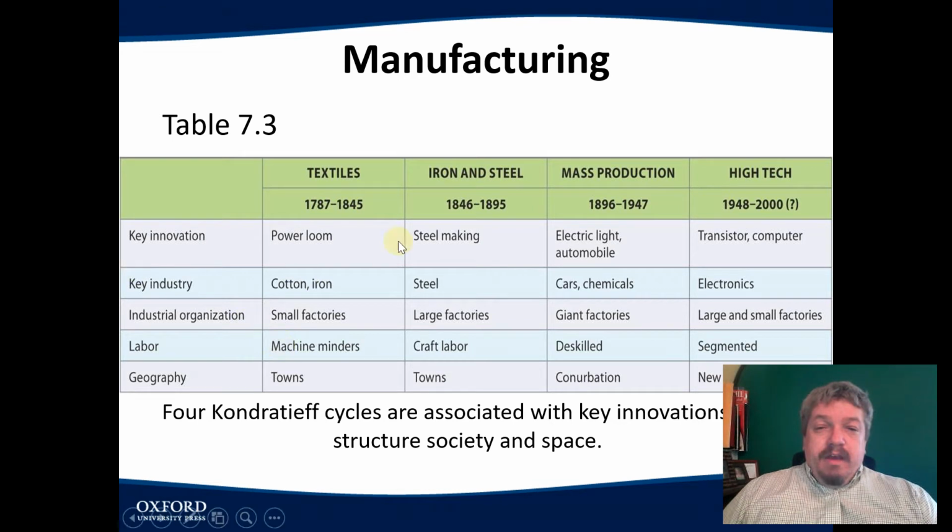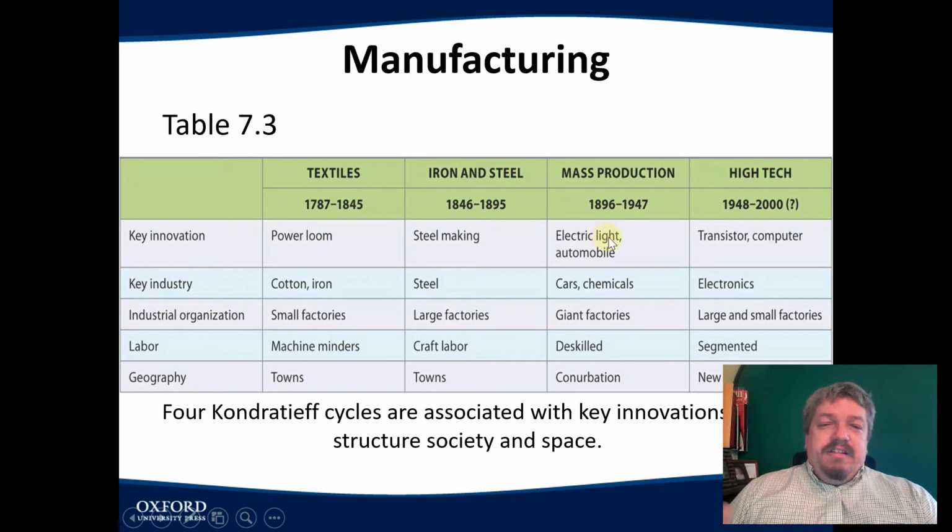Okay. And then in 1845 it kind of peaks and the next wave becomes steelmaking. Steelmaking used big factories in large cities because with steel you could make things like railroads and you could make more machines for manufacturing and boats. And so that's the next big wave.